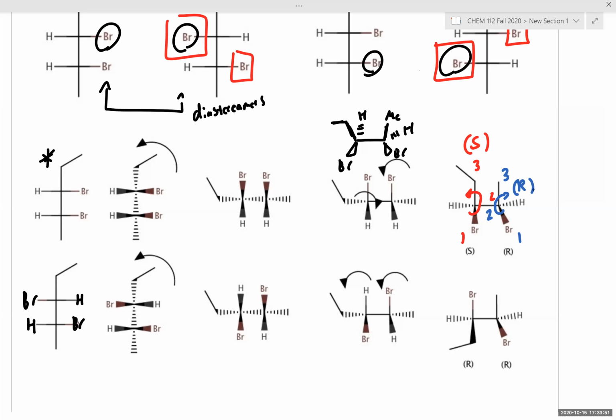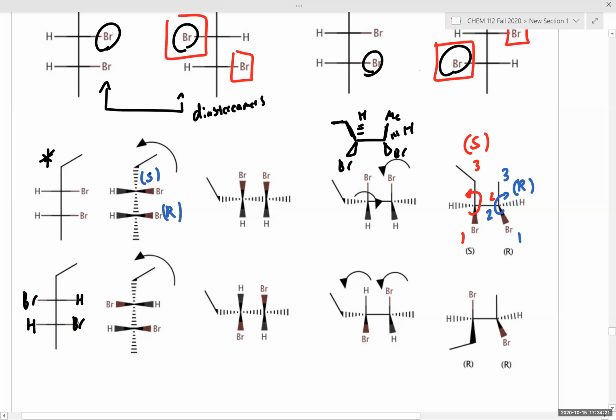Now I want to note that for Fischer projections, the position of a substituent is correlated with a given stereochemistry, but it depends on the structure. So in this case, for this structure, we have an assignment of S and R. If we were looking at an entirely different Fischer projection, the substituent on the right may lead to an R stereochemistry.